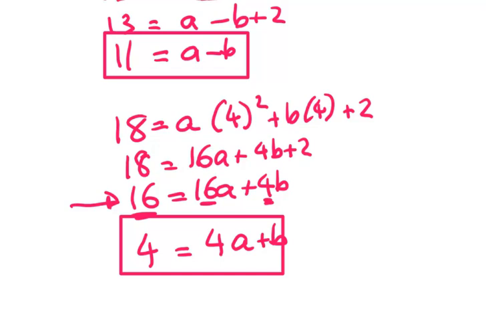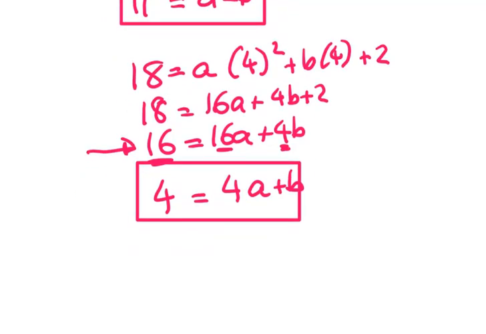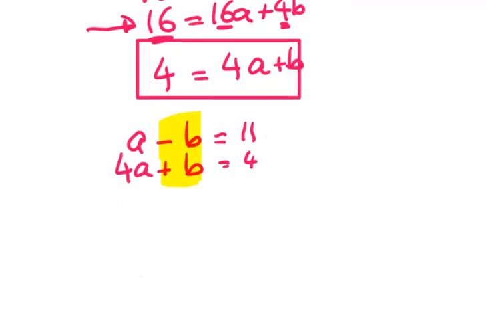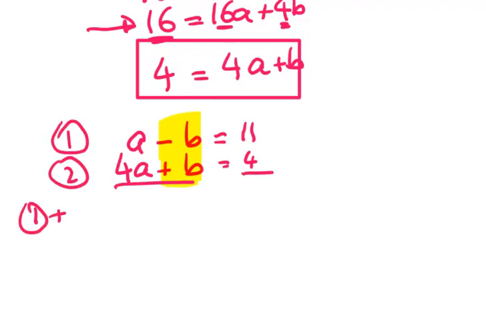And you can see now we're going to solve simultaneously. I'm going to rewrite them in our usual format. So a minus b equals 11, 4a plus b equals 4. Spot the matching negative b and plus b. That makes it a nice, easy sandwich together one. So I'm going to add equations 1 and 2 together.